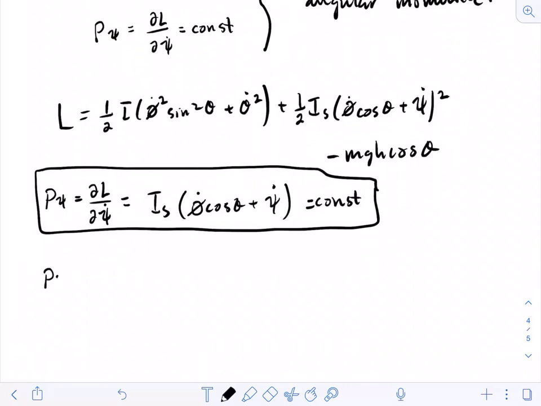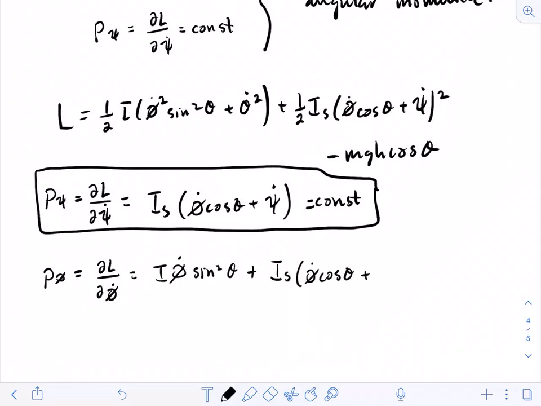And let's do p phi, which is dL/d phi dot. Okay, and so what do we get? We get an I phi dot sine squared theta plus, and then we have to do this chain rule again. We get I_s times phi dot cos theta plus psi dot. And then by chain rule, we take the derivative of what's inside. We'll pick up a cos theta factor.